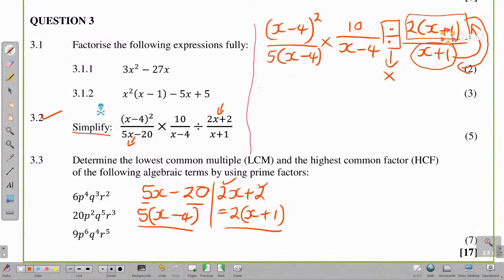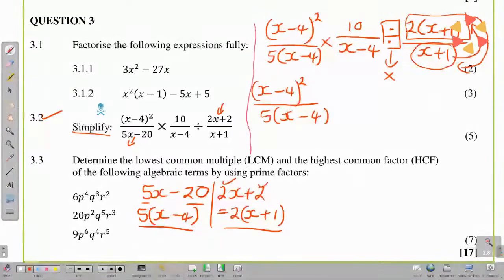So what I have is x minus 4 squared over 5 x minus 4 times. It must always be times before you cancel to simplify things.